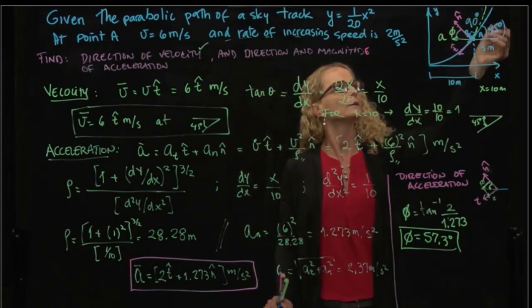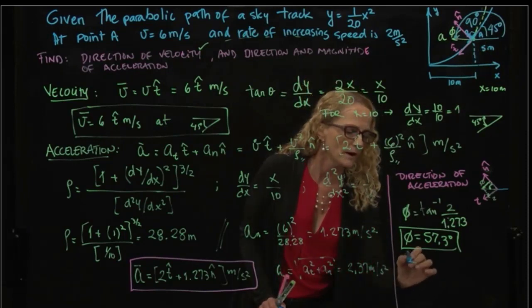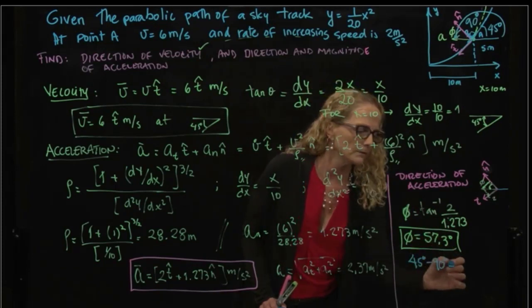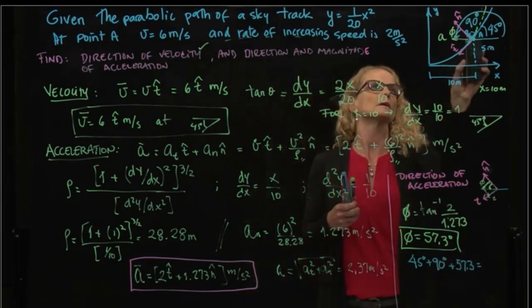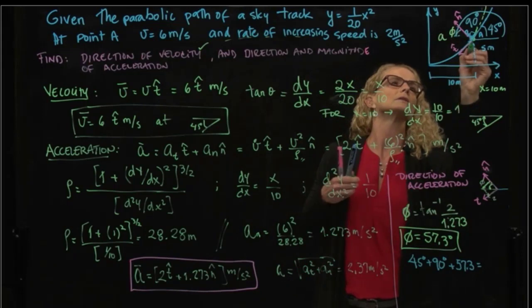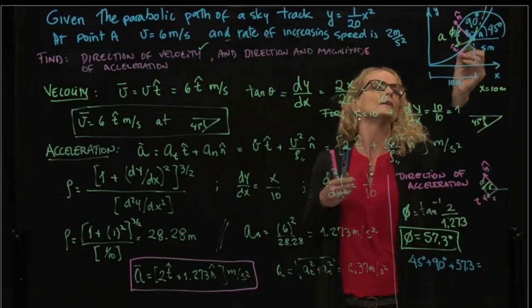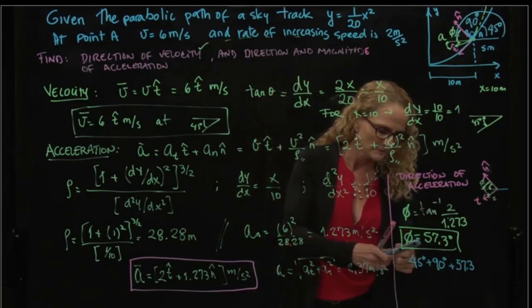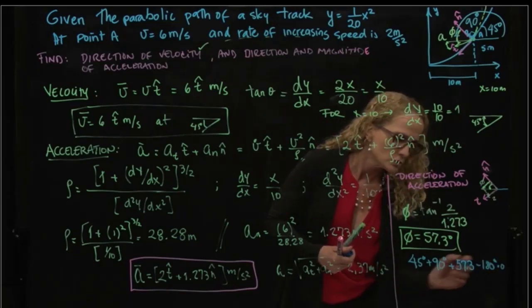So the whole angle will be 45 plus 90 plus 57.3. That gives me an angle bigger than 180. If I want to find this tiny angle from the horizontal, I will subtract 180 degrees.